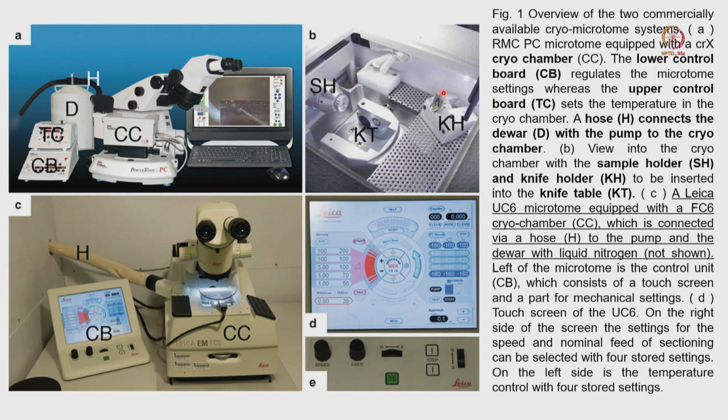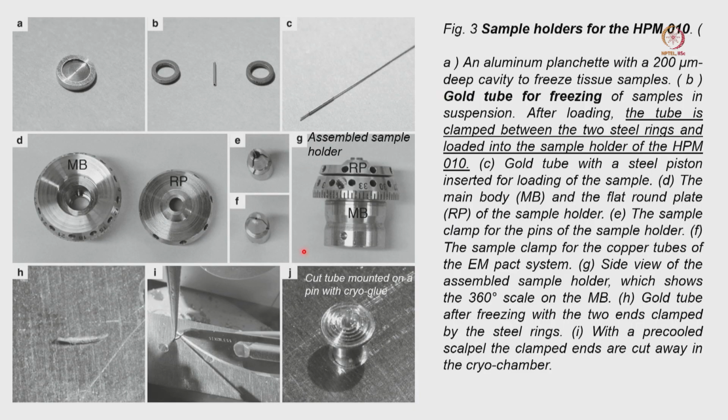Now if you go to the next slide, you can see that this is the sample holder or specimen holder region, where this is the area the sample will be placed, and there are different components which you can use for tightening the sample based on the width of that particular sample, as well as to position your sample.